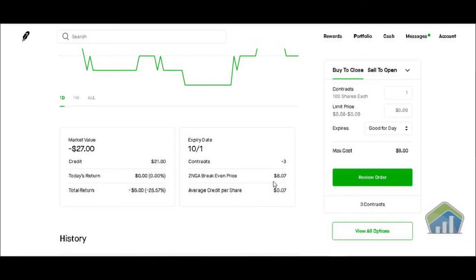The break even is 8.07. We have 3 contracts out there for that, and they gave us $21. Right now, the value of that contract is $27. So it's actually gone up in value. So that's where it's saying that total return is 3 cents, because the value of the contract has gone up in price, right? So it's compared to yesterday or the day before yesterday when we got the contract, and today the price has gone up.